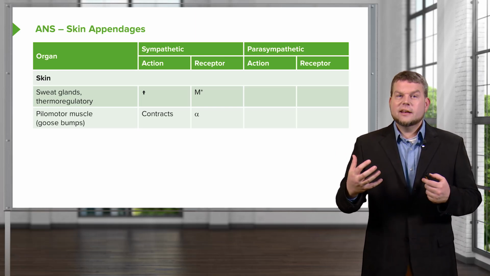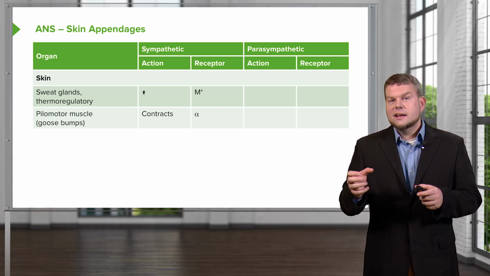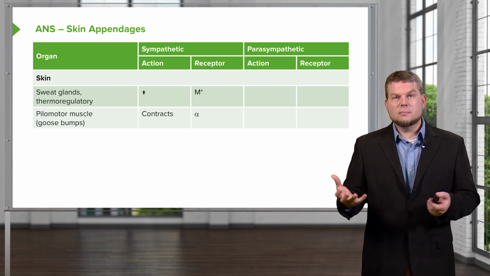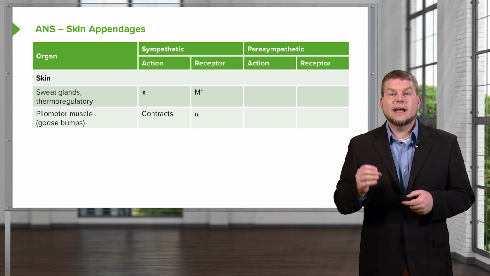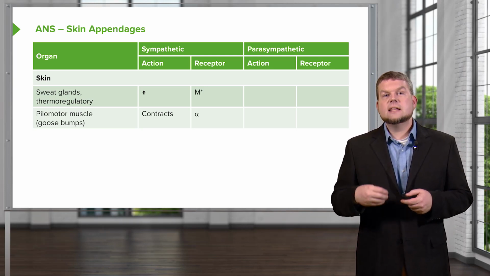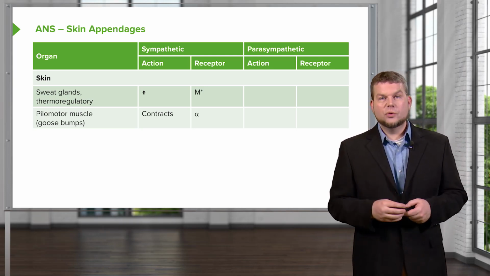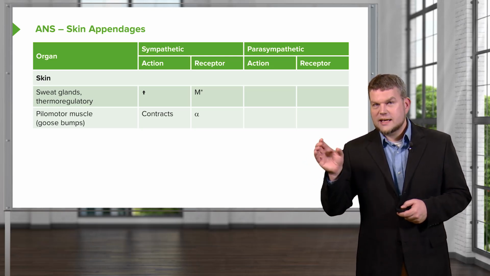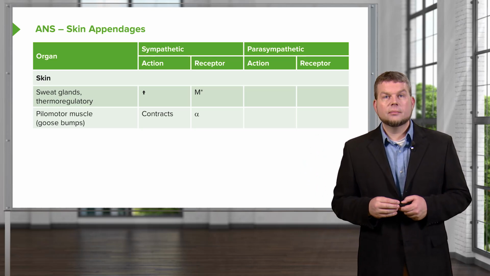And this also can make little piloerection bumps, or we like to call goosebumps. These are mediated by alpha-adrenergic receptors, and this is contraction of that smooth muscle. You notice that the parasympathetic nervous system here doesn't activate skin appendages.